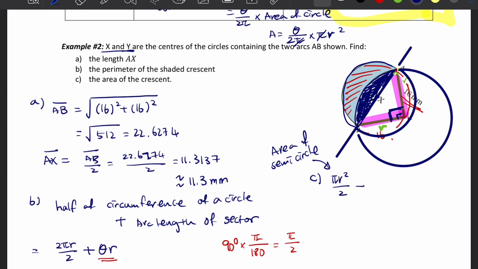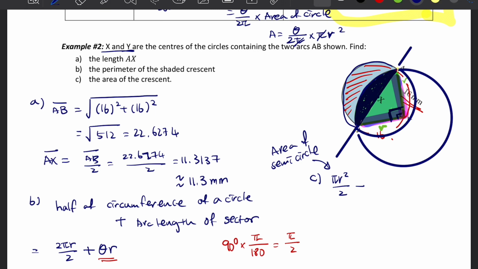And you can say that this dark blue colored part is actually part of the sector. So if we calculate the area of the whole sector and subtract this right-angled triangle part, then we can calculate this dark blue part, right?